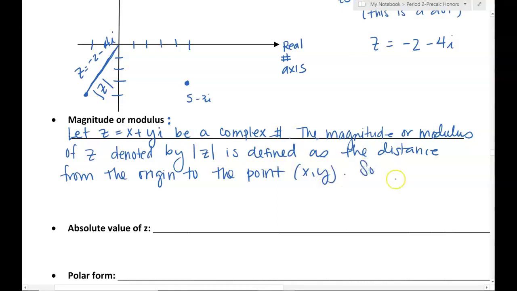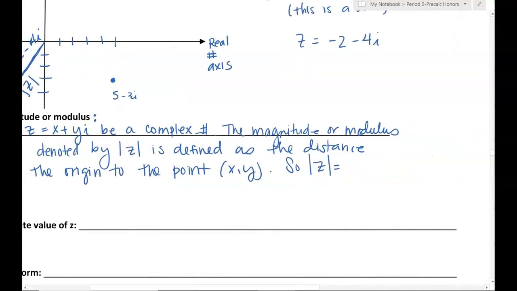So for the absolute value of z, if we were to look for the distance, we would use the distance formula, right? And the distance formula would be the square root of x2 minus x1. But what if x2 is just x, and x1 is the origin, and we square that, then add y2 minus y1. Well, y2 is just y, y1 is at the origin, so we can just say something like this.